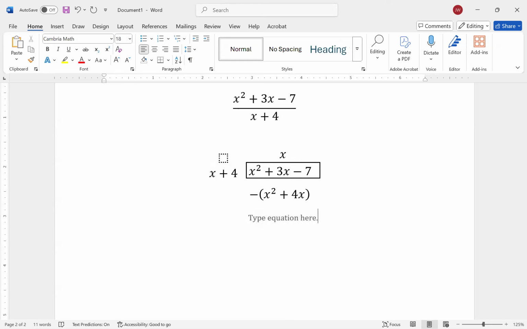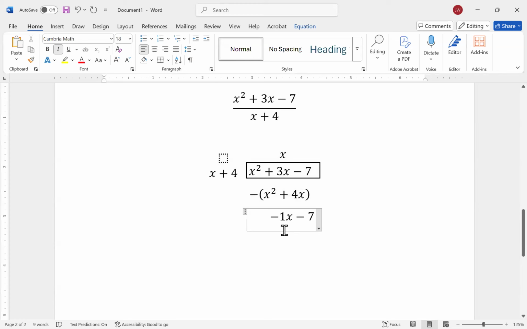The x squareds cancel each other out, and 3x minus 4x gives me a minus 1x, and then my minus 7 doesn't do anything. So we're dropping down again. Excuse the notation there, but basically we drop down and get minus 1x, minus 7.